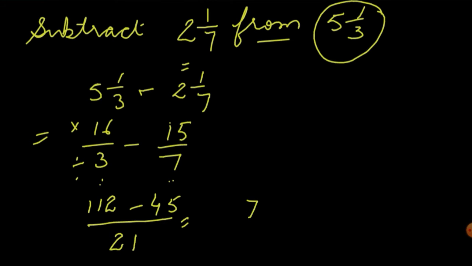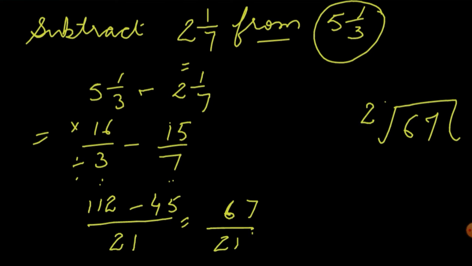So subtract it: 67 upon 21. Now 67 is more than 21, so let us convert this number into a mixed fraction. 21 2s are 42, 21 3s are 63. So our mixed number is 3 4 by 21.